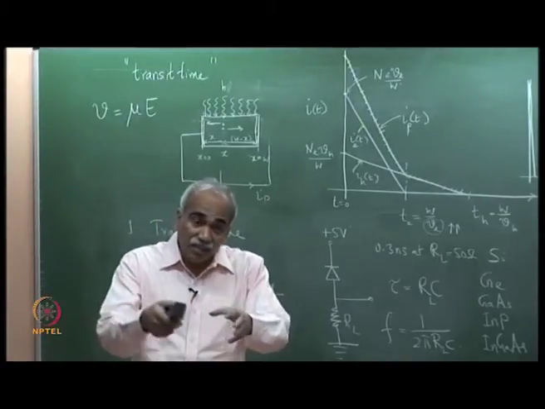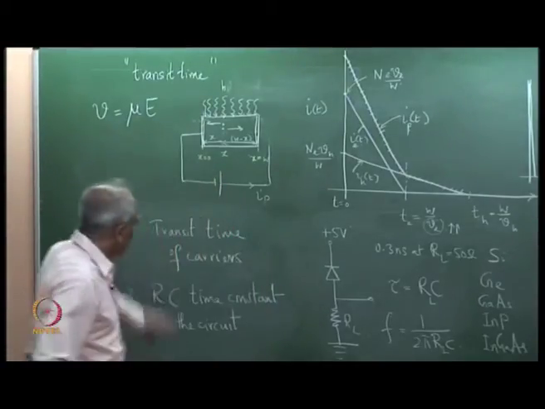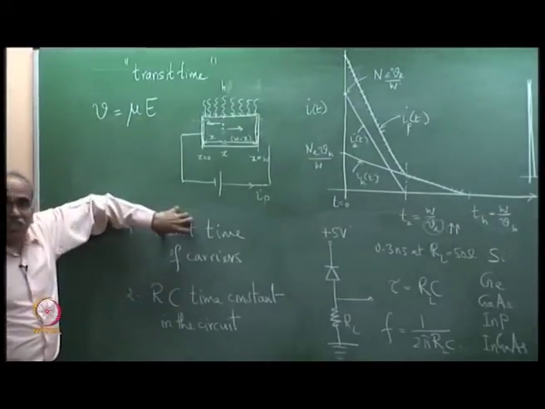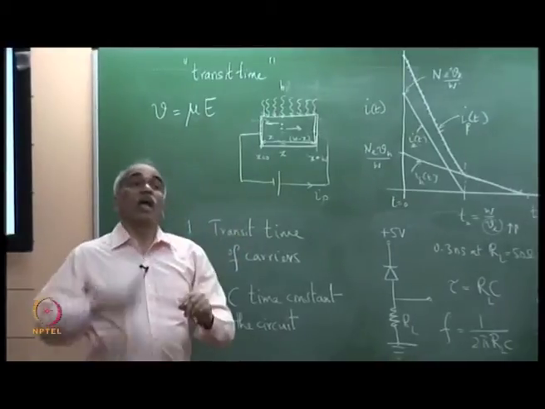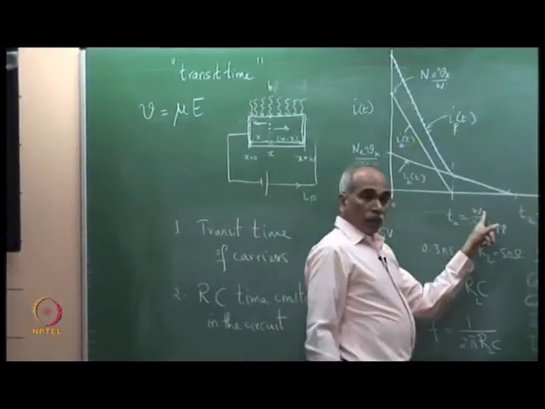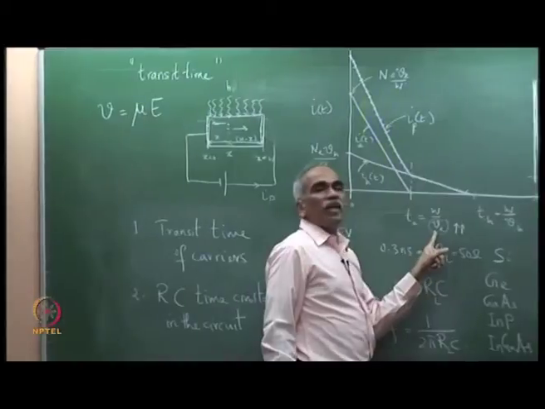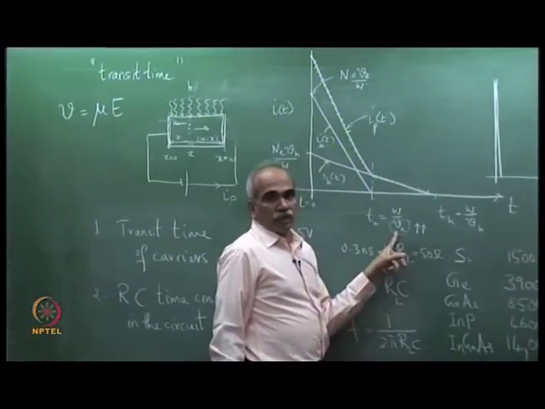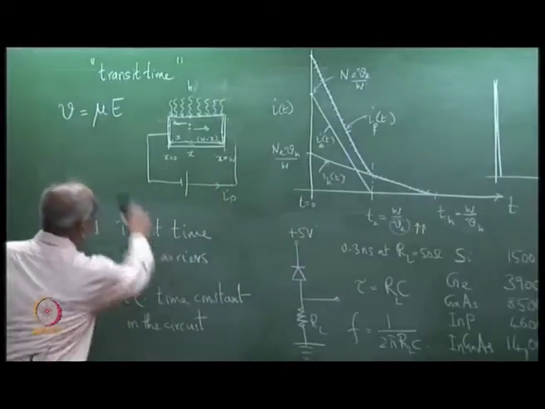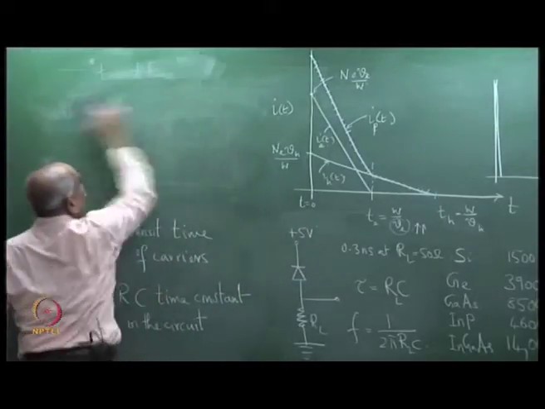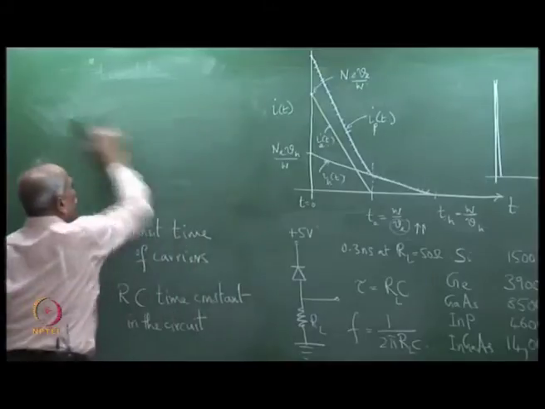The transit time can be minimized. This factor can be minimized in semiconductor photodetectors by taking very small areas and very small length and very high velocity. So, this is the drift velocity. How does this drift velocity vary with the applied electric field?